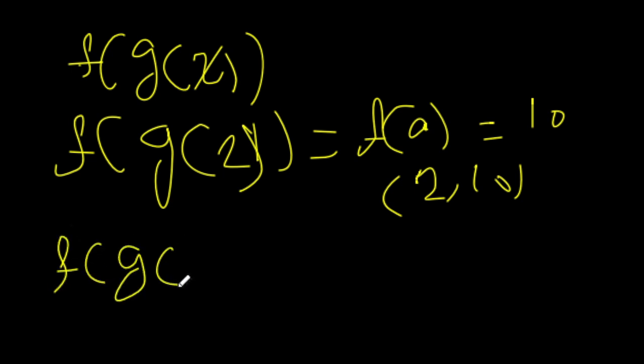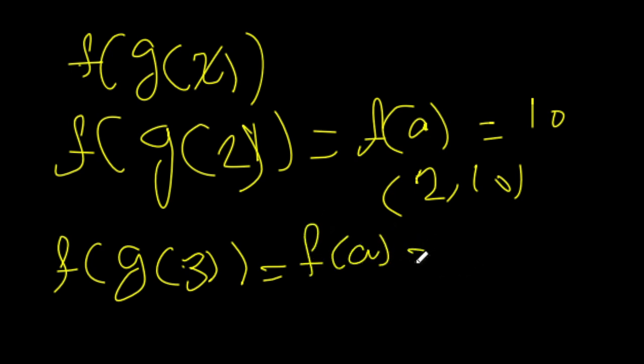Then I carry on with f of g of 3, which is as well a, and f of a is 10. So this is the next pair, 3 and 10.